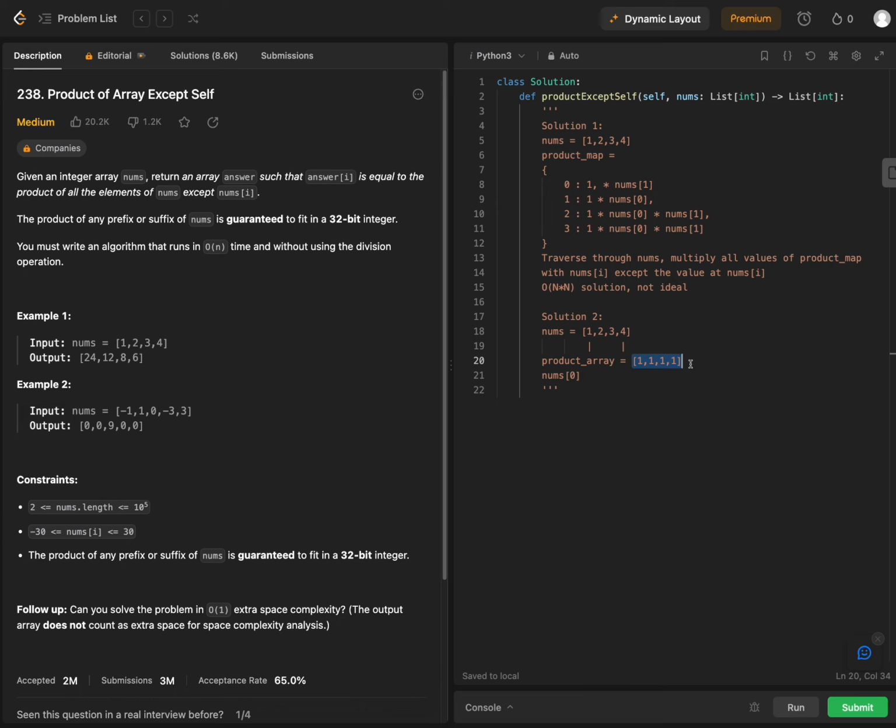What is the trick here? What if I multiply this first one by 1, multiply everything by 2, by 2, multiply.